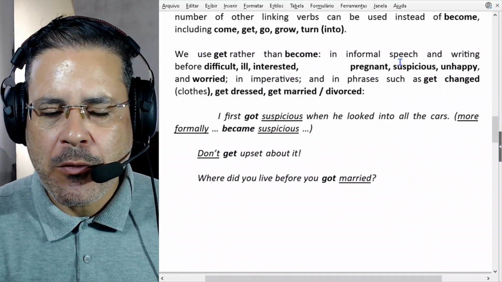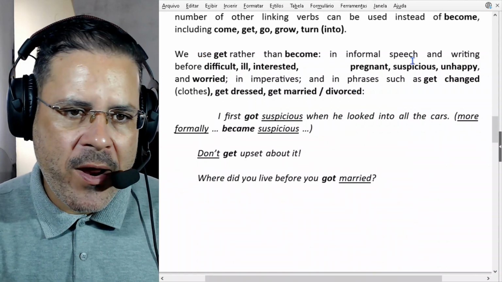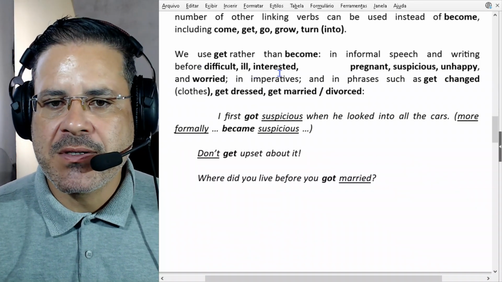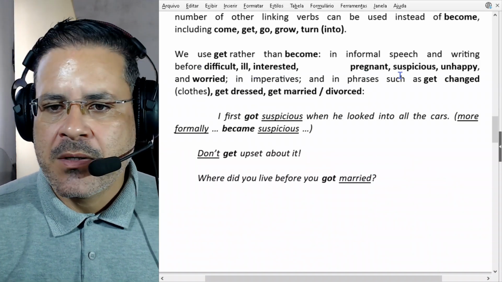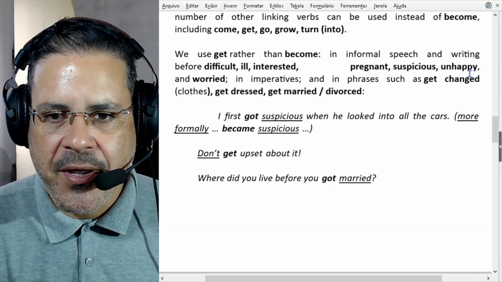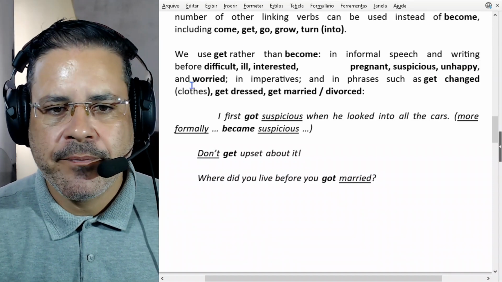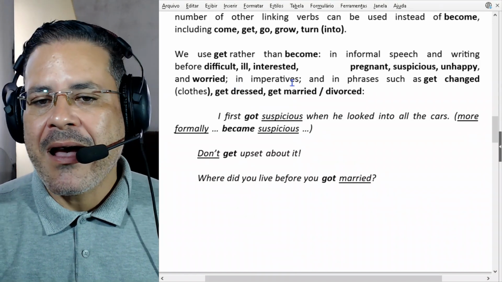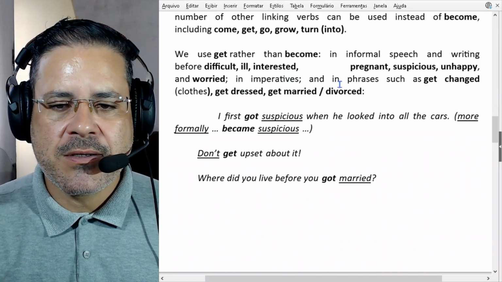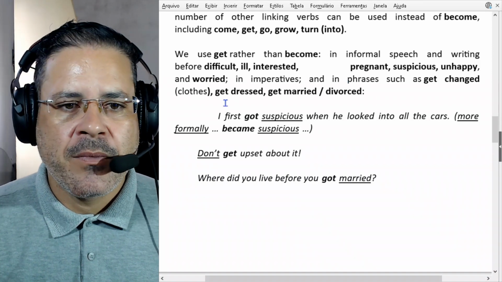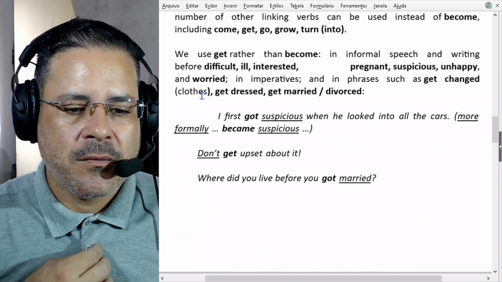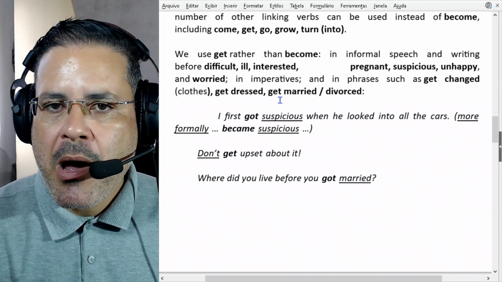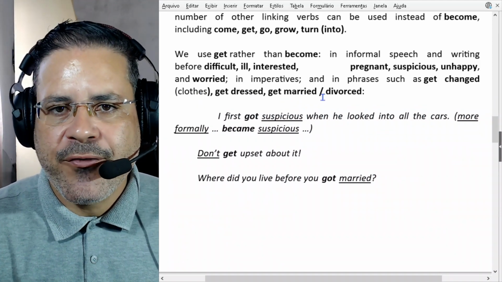Now, we use get rather than become in informal speech and writing before difficult, ill, interested, pregnant, suspicious, unhappy, and worried. Also, in imperatives and in phrases such as get changed clothes, get dressed, get married, or get divorced.